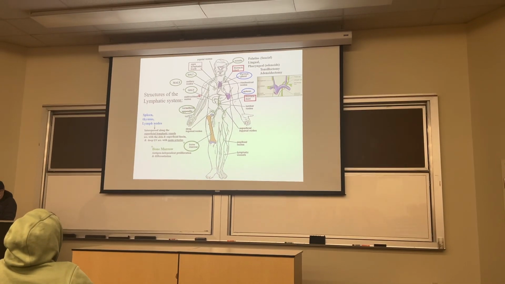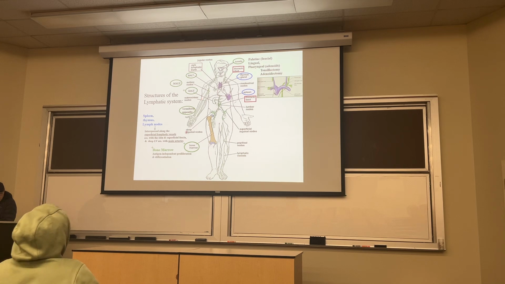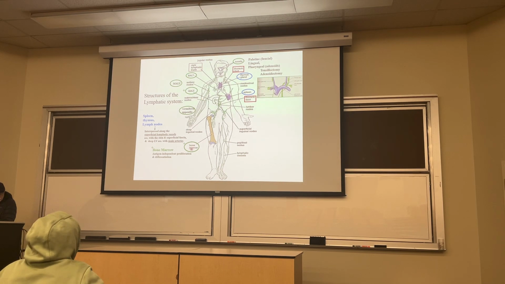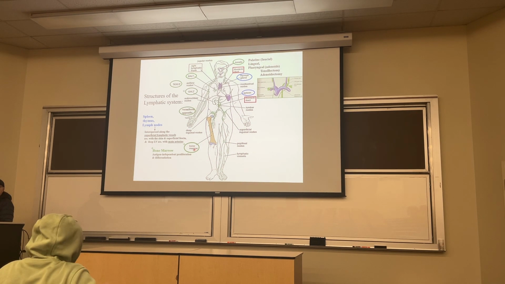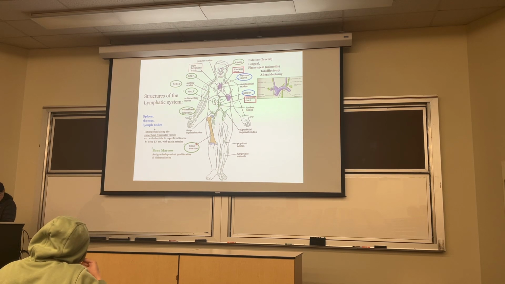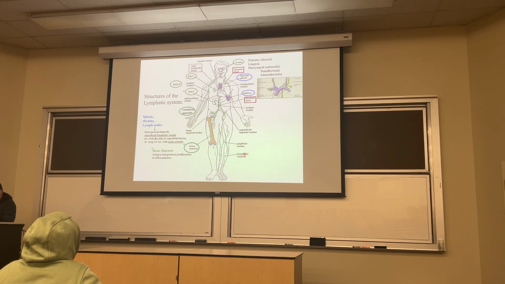Now, in addition to these structures, the bone marrow produces most of our immune system cells. All the white blood cells, all the red blood cells as well, but they're not part of the immune system. And all of them are made in the bone marrow, the red or active bone marrow.